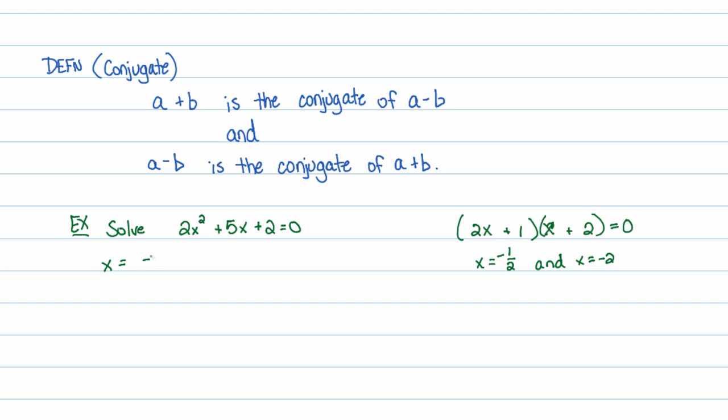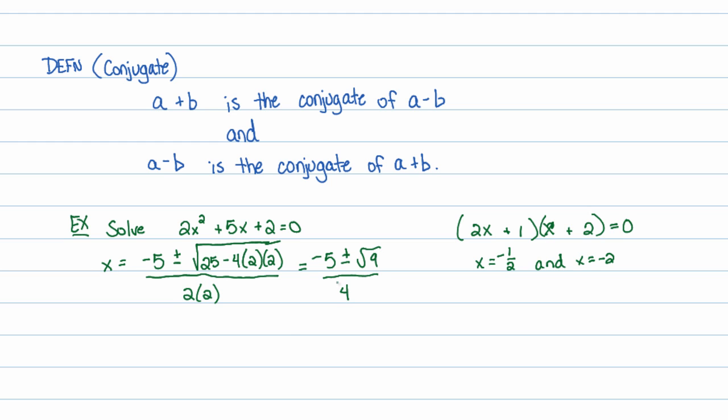This is x equals the opposite of b plus or minus the square root of b squared minus 4ac all over 2a, right? And so this becomes negative 5 plus or minus, well, that's 25 minus 16, or the square root of 9, all over 4.